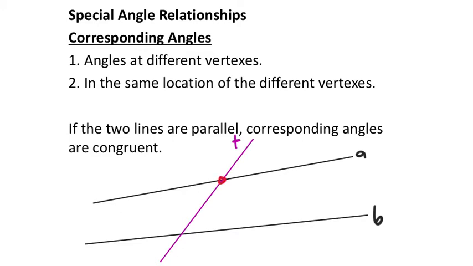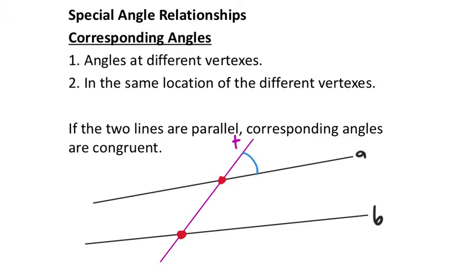So here's one vertex right here in red, and here's another one right here in red. Two vertexes, two vertices. Remember, vertices are just where the two lines intersect. So if I look at the top vertex right there, what I'm looking for is this angle right here.